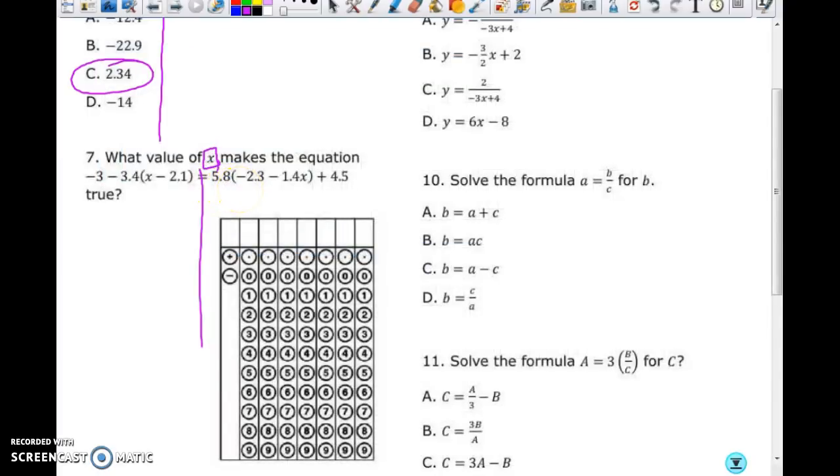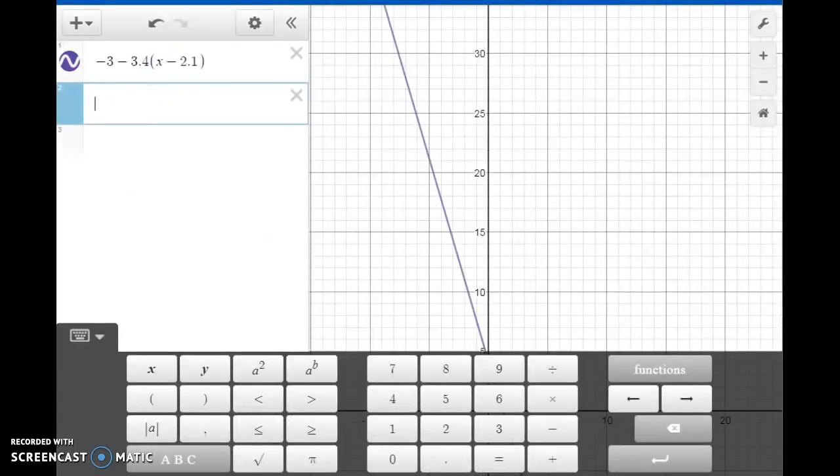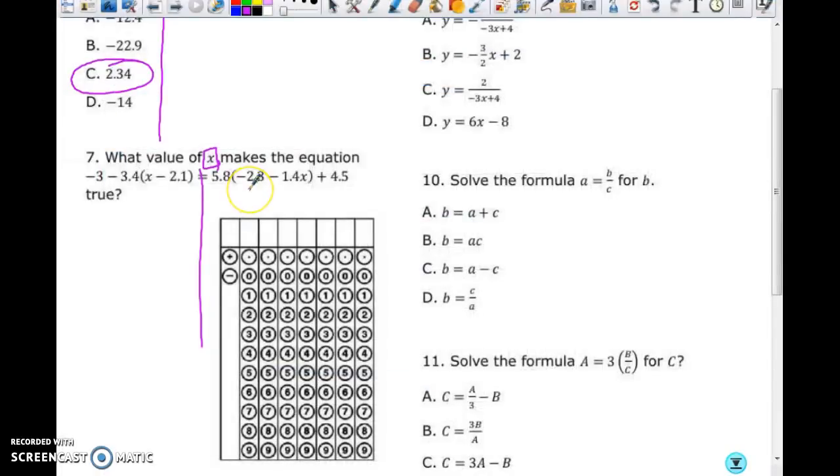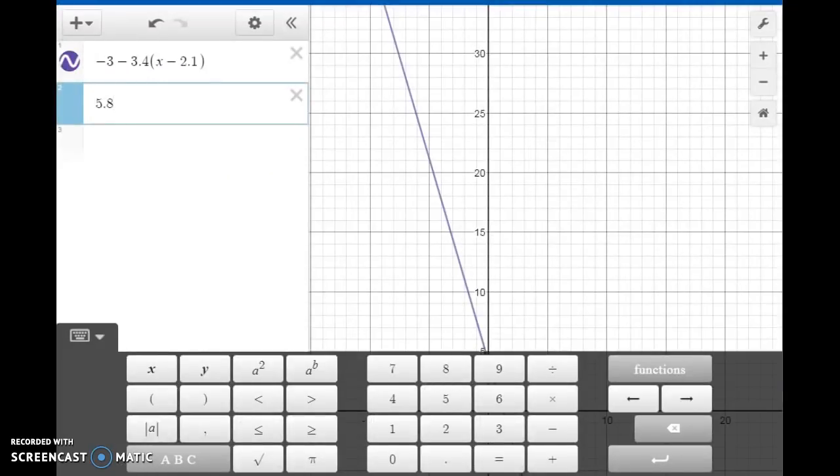5.8, parentheses, negative 2.3, minus 1.4x. Sorry, I read that wrong. It's going to take me a while.